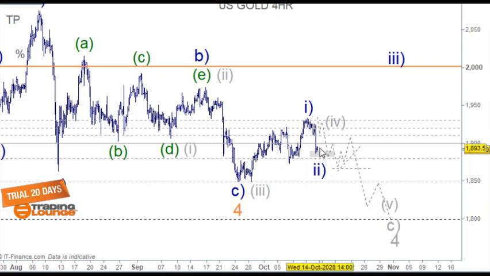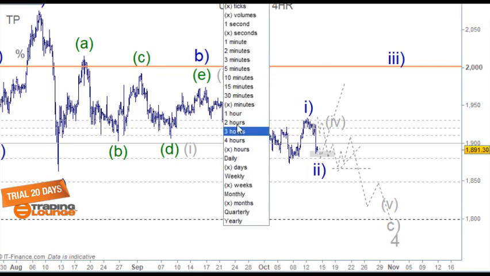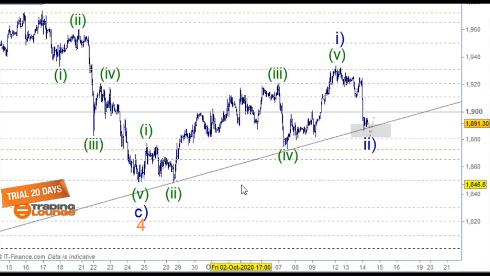As it stands at the moment, if it just had one more little move down here, then it's got the ability to move up at that point as an A and a B and a C wave. I don't think there's much I can do on the hourly chart for this. On the hourly chart, it's possible to count. It's a bit of a long shot, and don't go throwing tomatoes at me just yet, but 1 and 2 and 3 and 4 and 5 here for 1 and back for 2 here.